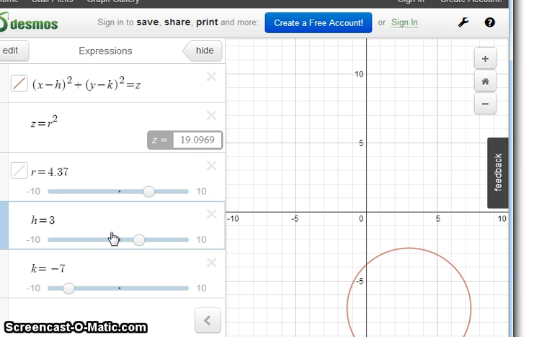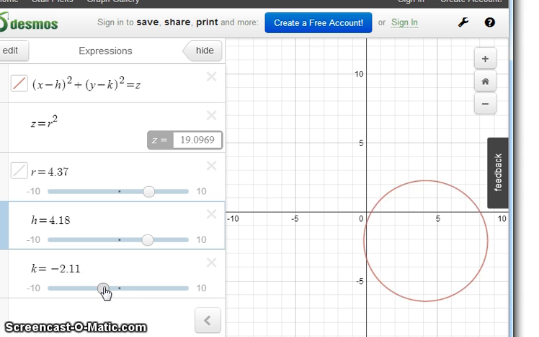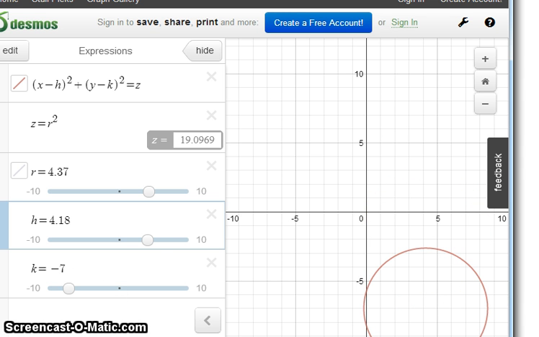So let's take a look at what happens when h, for instance, gets bigger. It's at 3 right now. I'm going to move this to the right, and it's going to also move to the right, and I can move this to the right, and it's going to move up right there.